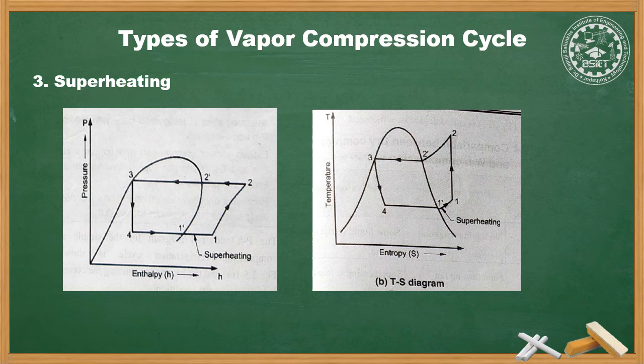A superheat of about 5 degrees Celsius is generally used in suction superheat to avoid wet compression. The COP is again found with the same formula: COP is equal to refrigerating effect upon work done.